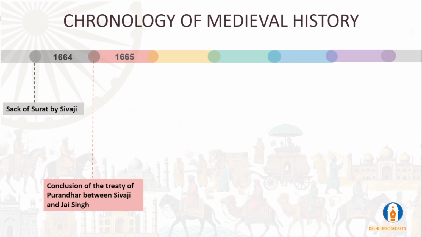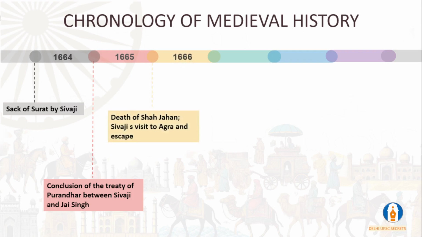Chhatrapati Shivaji defeats Sawai Jai Singh. The Treaty of Purandar happens between Shivaji Maharaj and Raja Jai Singh as well. Then the death of Shah Jahan happens in the next particular period, and the capture of Chittagong happens, and Shivaji Maharaj visits Agra and escapes.